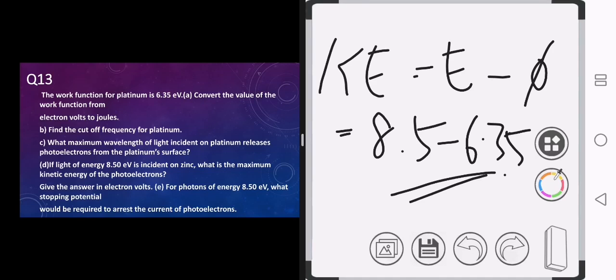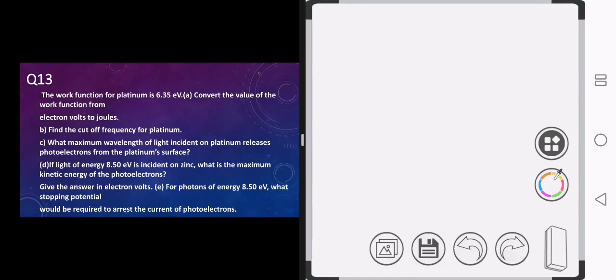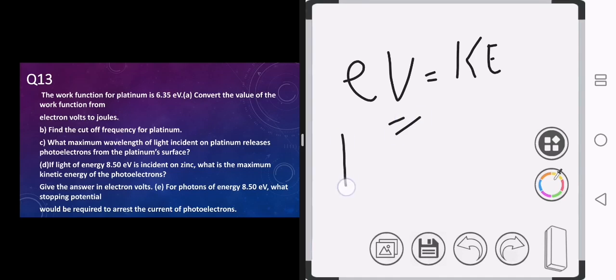E, for photon of energy 8.5 electron volt, what is the stopping potential? Stopping potential is equal to eV, I mean equal to KE. We want to find your V, so it's just KE over your e.